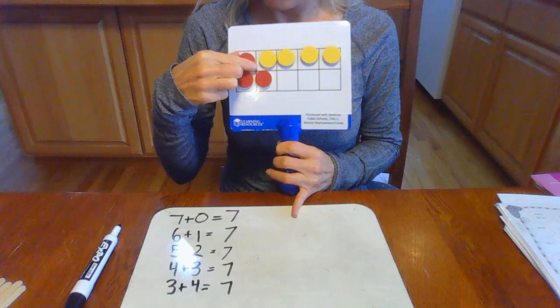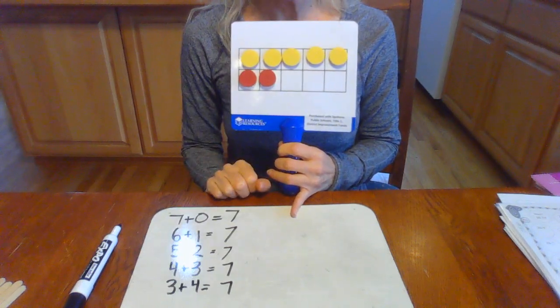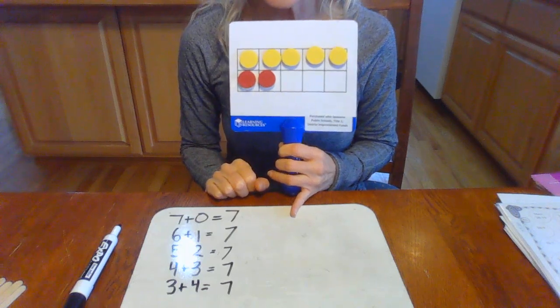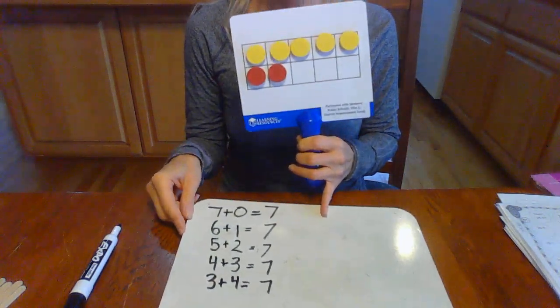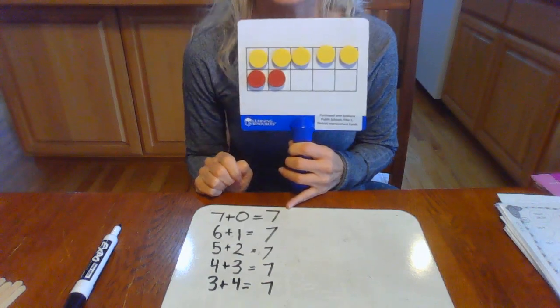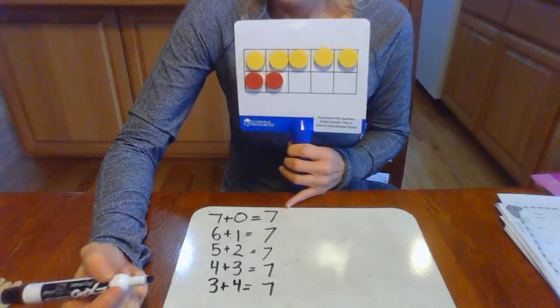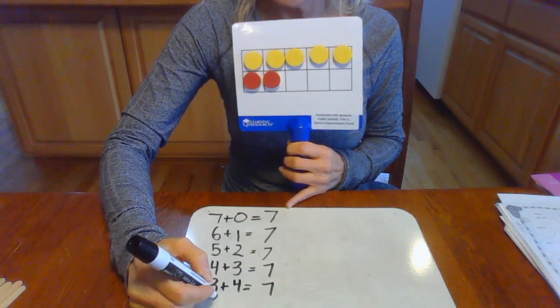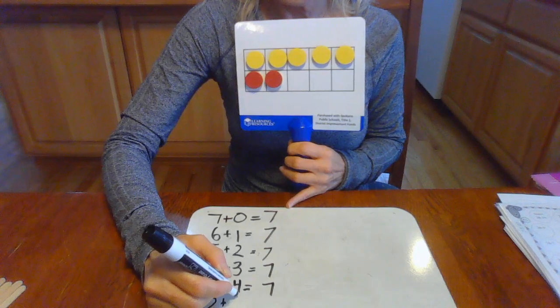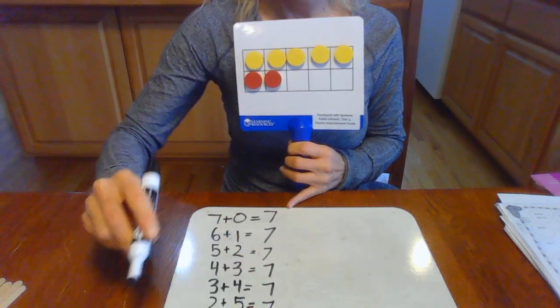Okay. Oh, look what Mrs. Foster's going to do now. Let's look at our red. How many are red this time? 2. How many are yellow? 5. But how many do we still have all together? 7. Another combination. 2 plus 5 equals 7.